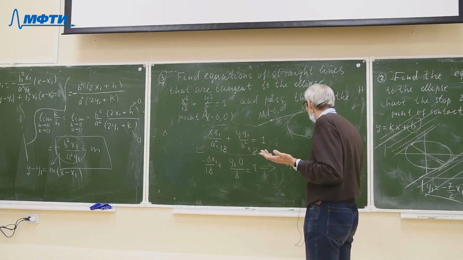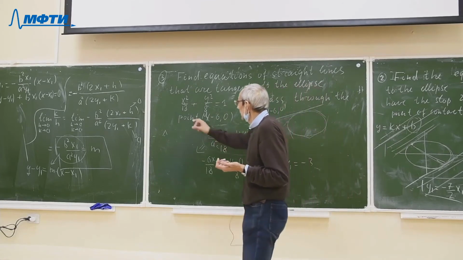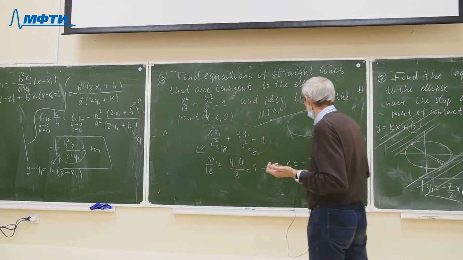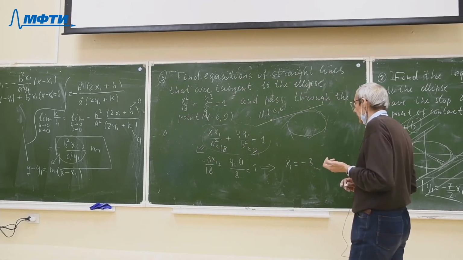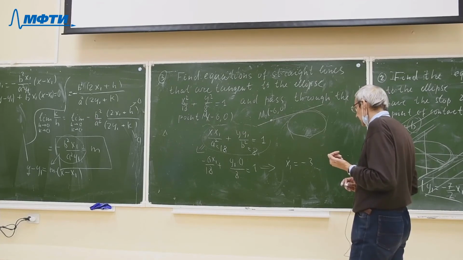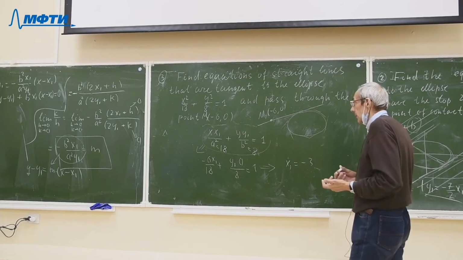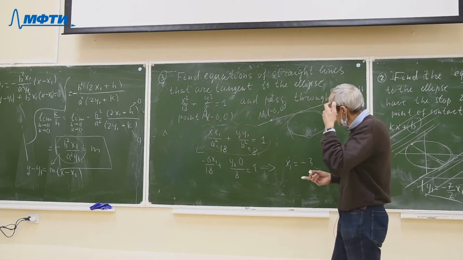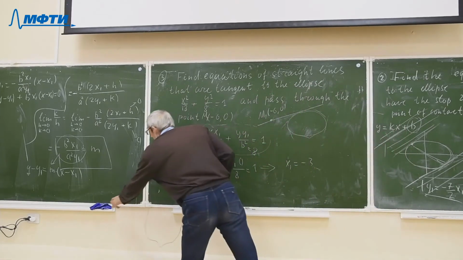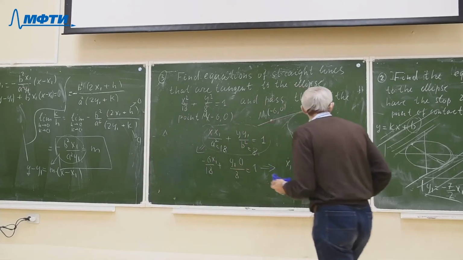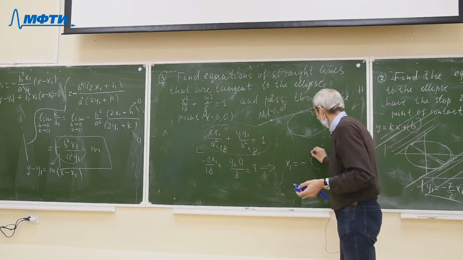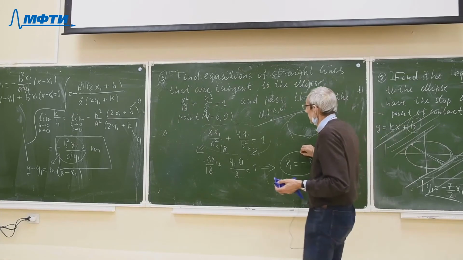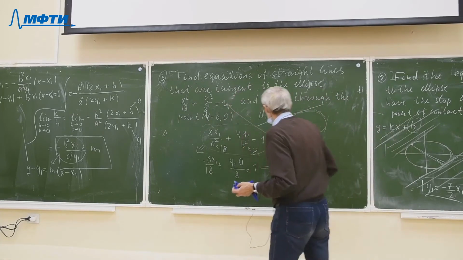And if we know one of the coordinates of the point of the ellipse, we can find the other coordinate from the equation of the ellipse. We substitute these values in the equation of the ellipse.